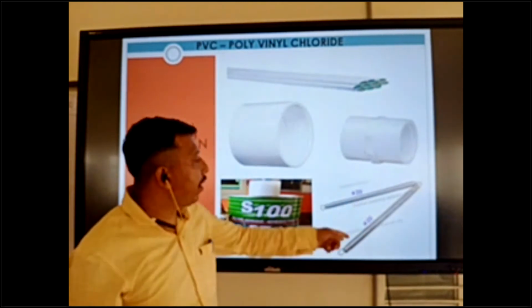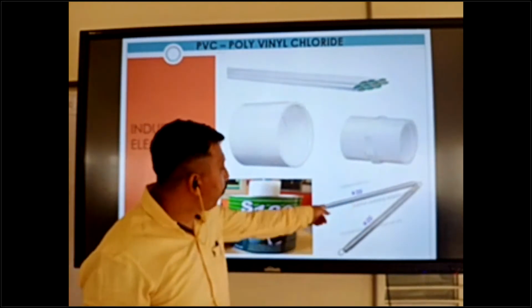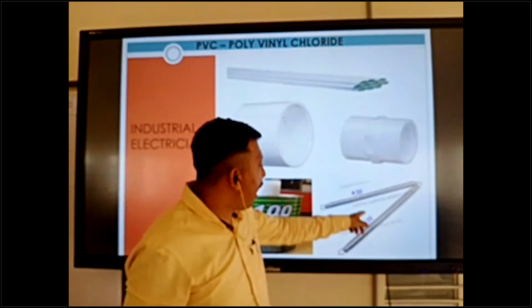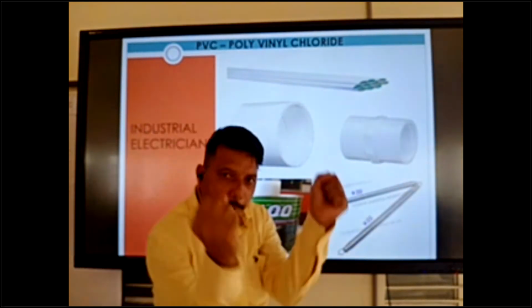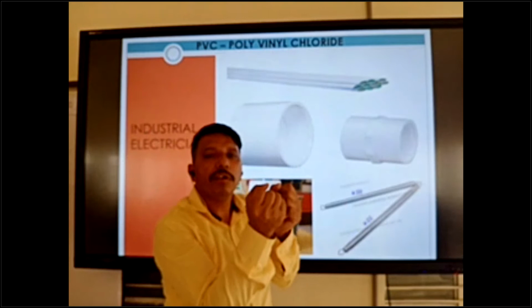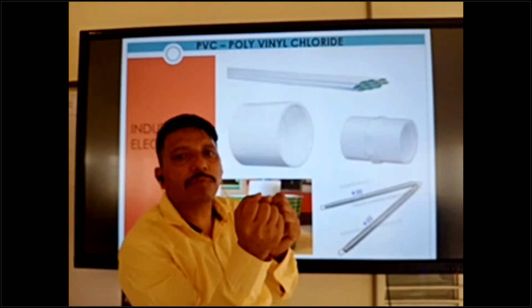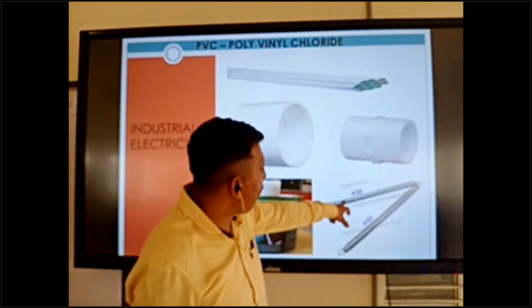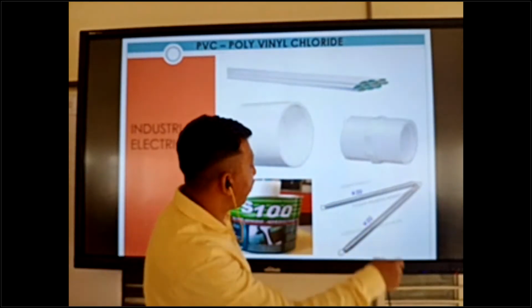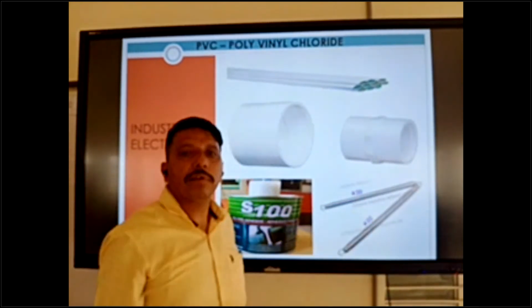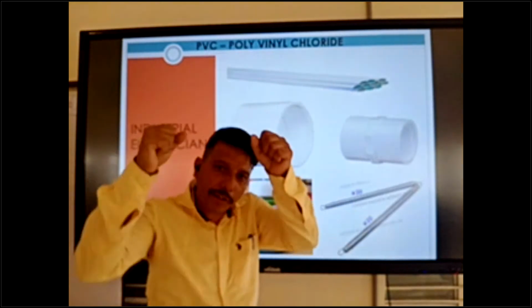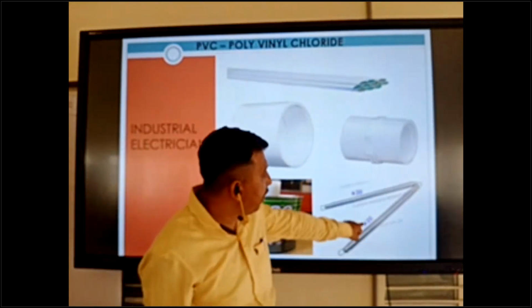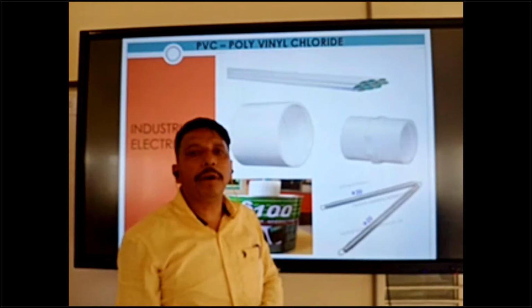bender, spring bender, for PVC pipe. We can put this spring inside the PVC pipe and bend, as per which type of bend you require. It is available as per conduit size 20 and 25. If you bend a 25 mm conduit, you use a 25 mm bender.